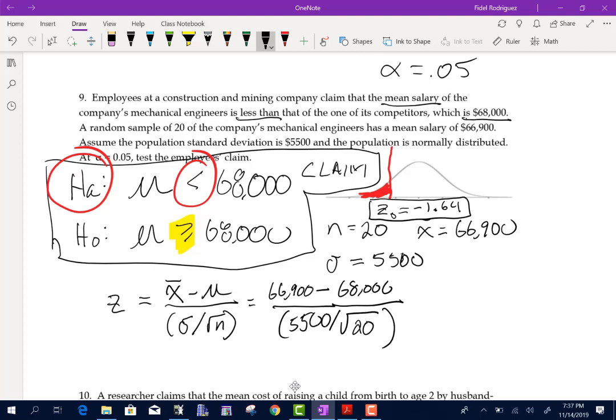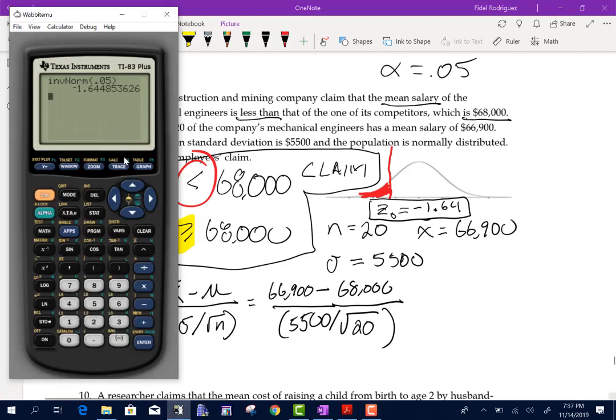Okay, guys, remember what we're doing now. We're going to grab our calculators again. What should we do first in terms of our calculator? Turn it on, right? Step number 1, make sure it's running. Good. Then what's the first calculation? Subtract them: 66,900 minus 68,000. Negative 1,100.